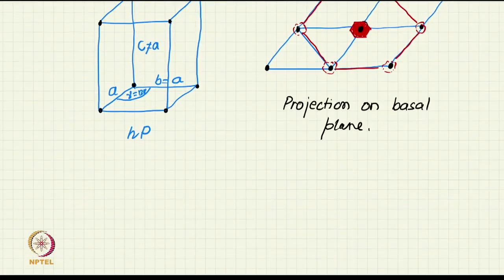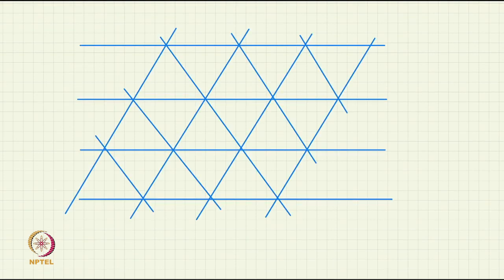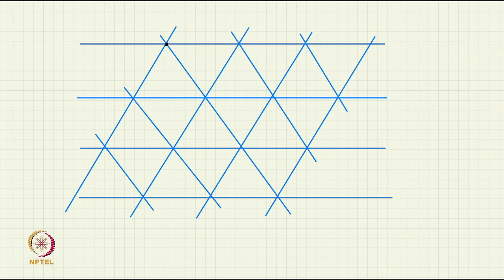So, if I choose any of those point groups and place it, let me make another drawing. So, let us look at it now. I have drawn projection of many hexagonal P unit cells, and these are the lattice points.